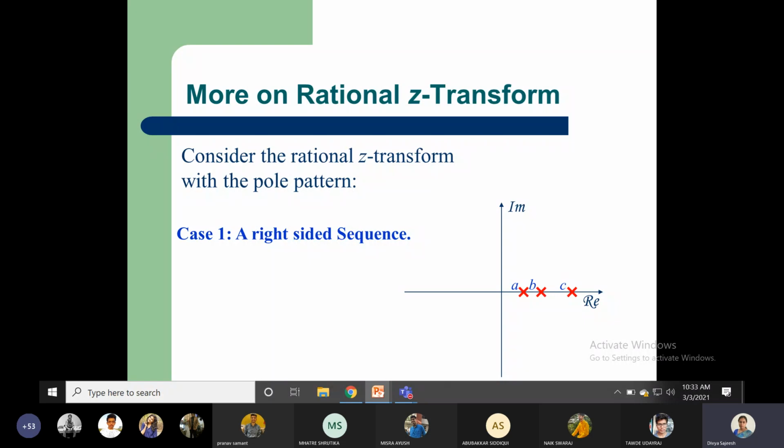Should the region of convergence be greater than A, greater than B, greater than C, or less than A, less than B, less than C? How should it be?